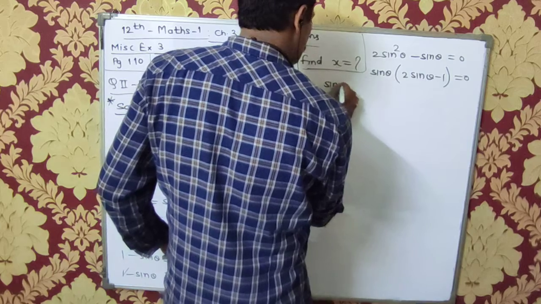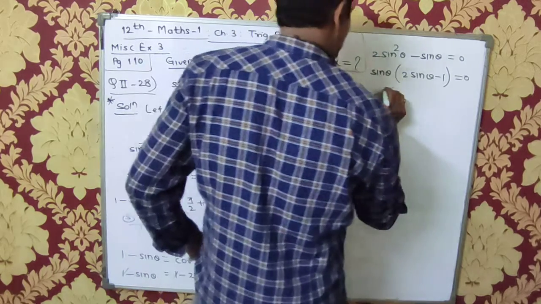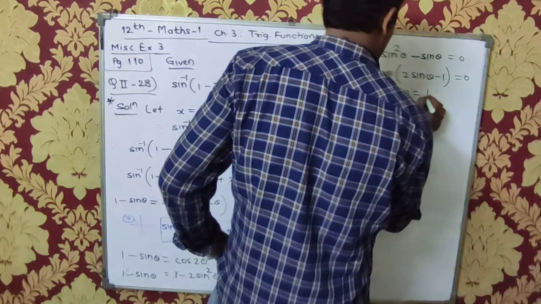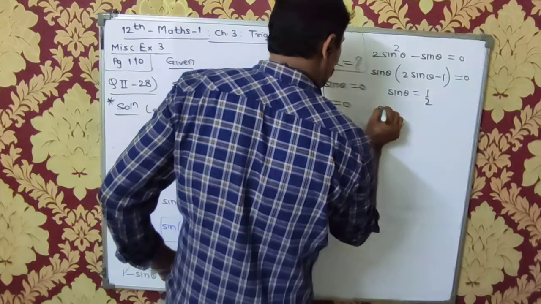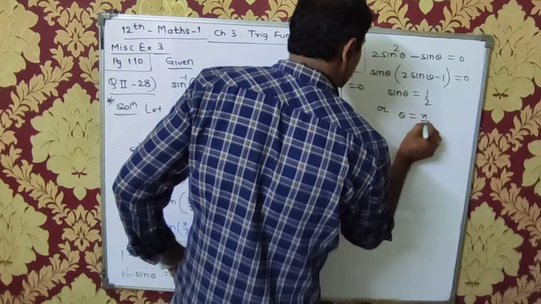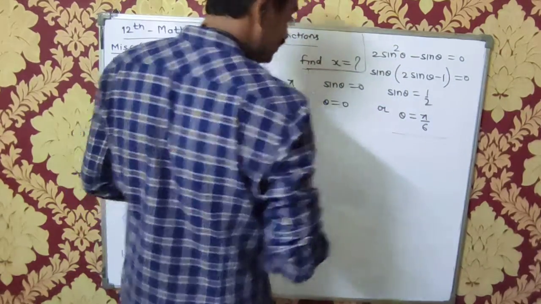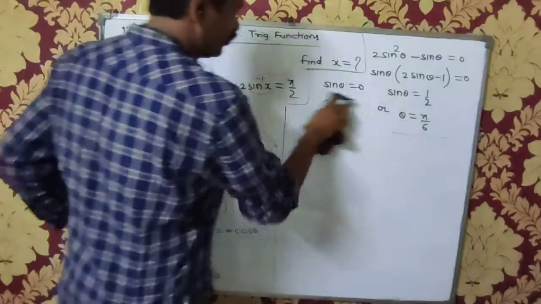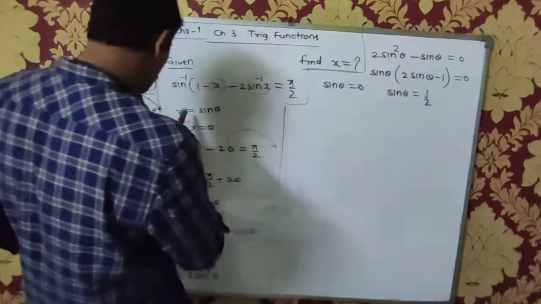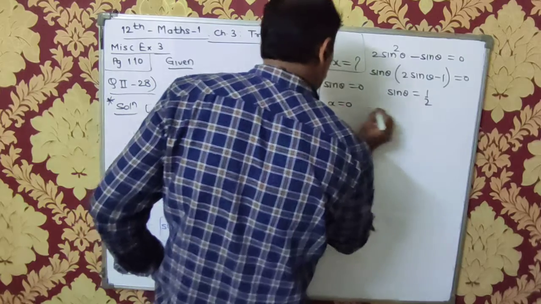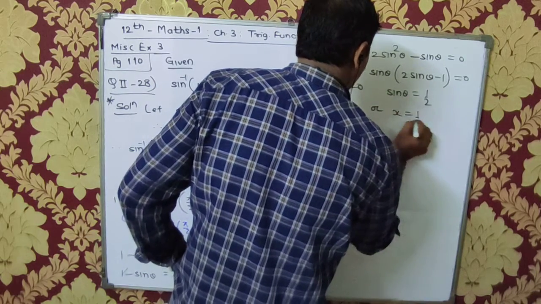Sin theta is equal to 0 and sin theta is equal to half. So theta is equal to 0 and theta is equal to pi by 6. But let us check this first. Before I conclude for theta, sin theta is equal to x. Therefore x is equal to 0 or x is equal to half.